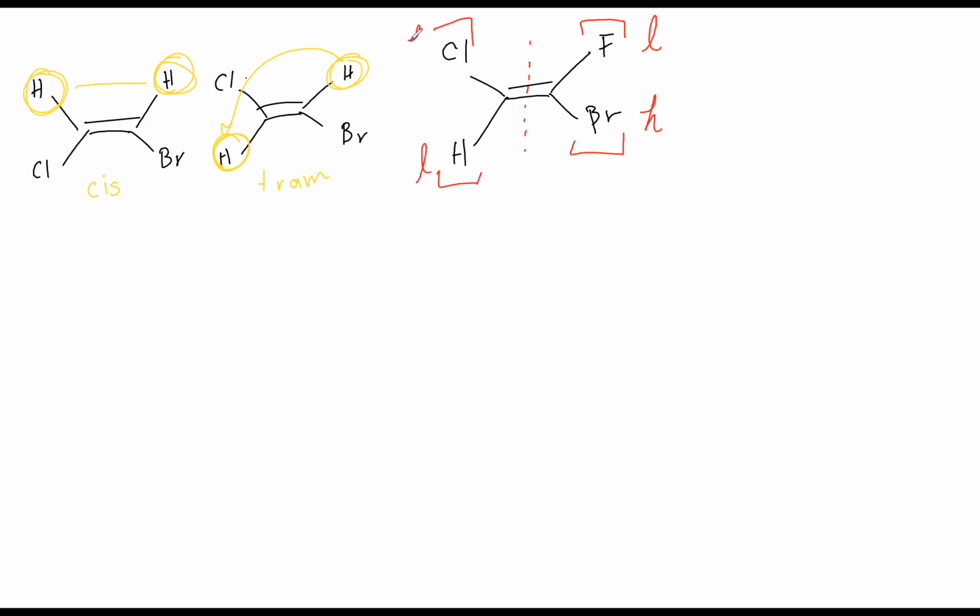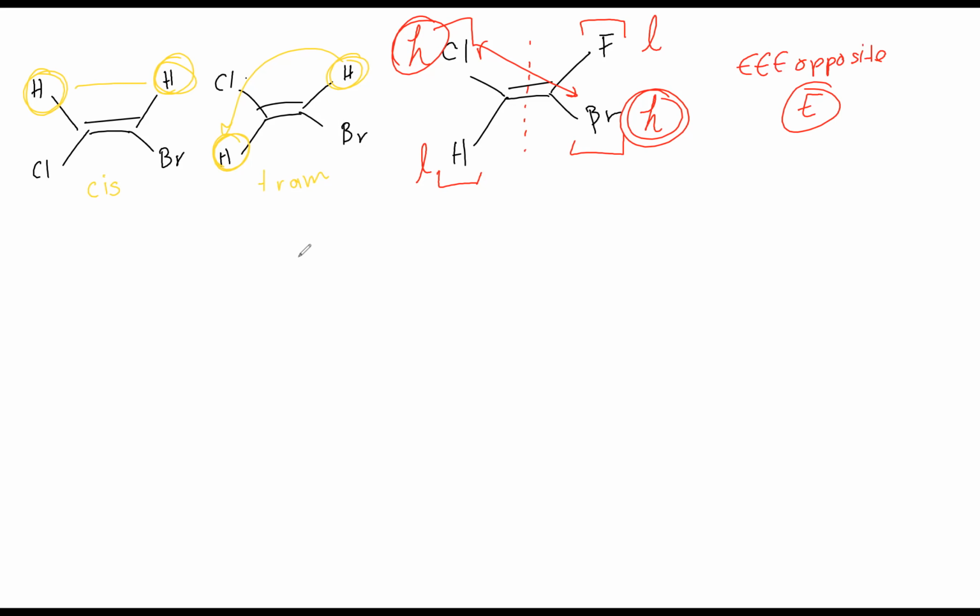So low here, high here. The way you tell if this is E or Z is the relationship between the highs and the lows. What I always do is look at the highs. You can see here the highs are on opposite sides, so we're going to call this E, opposite. So it's going to be E.